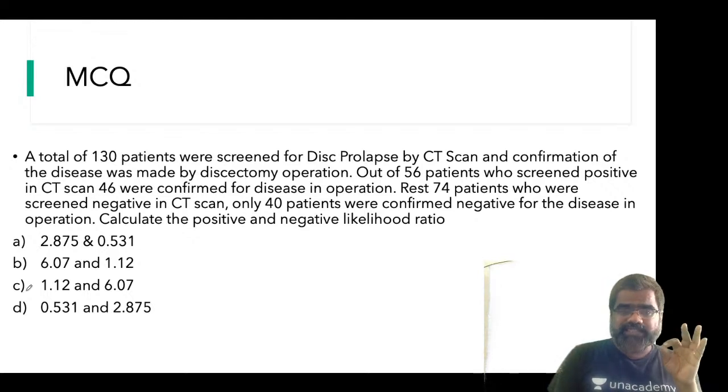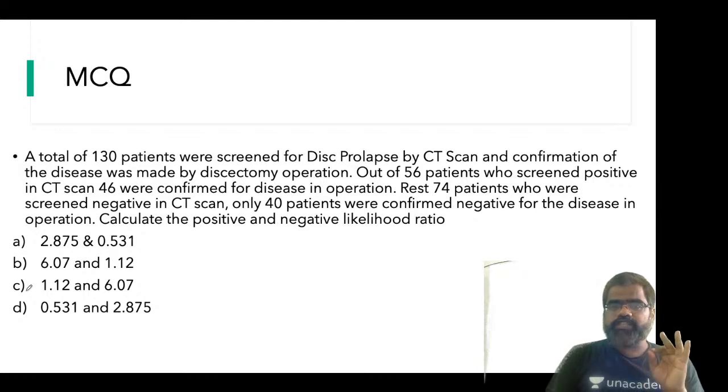A total of 130 patients were screened for disc prolapse by CT scan and confirmation of disease was made by discectomy operation. Out of 56 patients who screened positive in CT scan, 46 were confirmed for disease in operation. Of the rest, 74 patients who were screened negative in CT scan, only 40 were confirmed negative for the disease in operation.